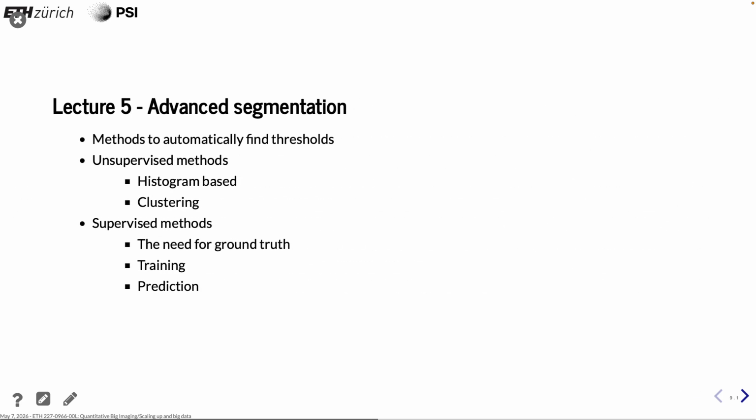Then we went into the methods of how to automatically find the thresholds, unsupervised and supervised, depending on what kind of data you have available. The unsupervised were histogram based and could also be clustering, whereas the supervised methods require some ground truth and need a training phase and a prediction phase to work.